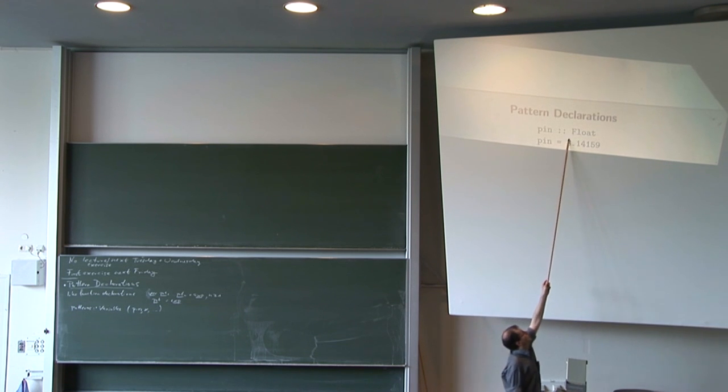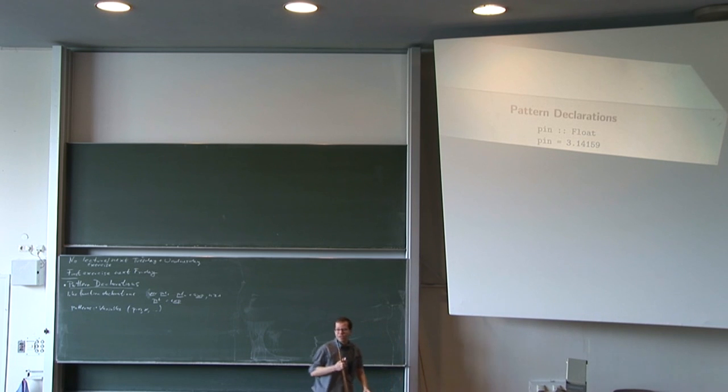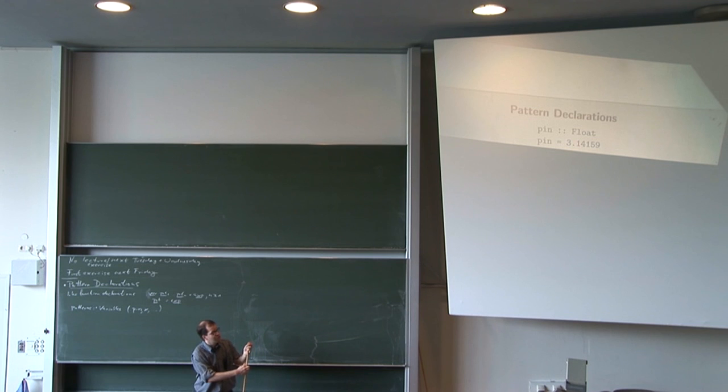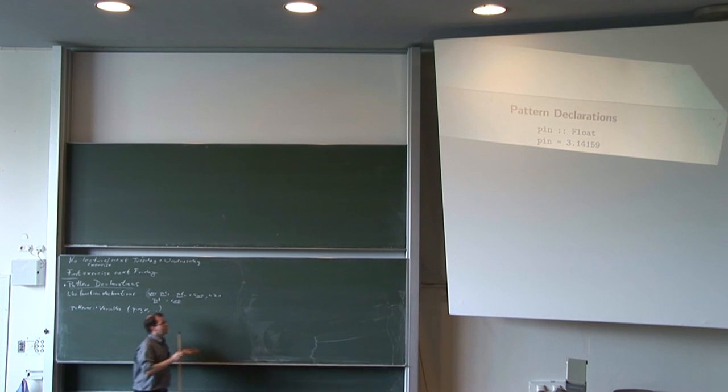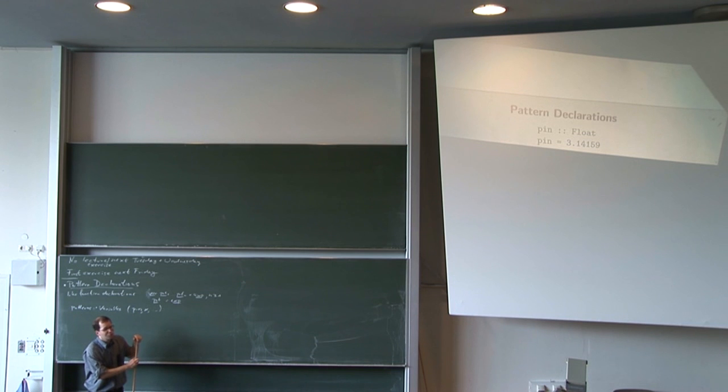There's a predefined data type float for floating point numbers, which works pretty much the same way as the data type for floating point numbers in any other language. Notation is also the same as in other languages, so there's no big surprise here. So the only difference is this is not a function which takes arguments, because you don't give any argument to pin. It's just a constant.